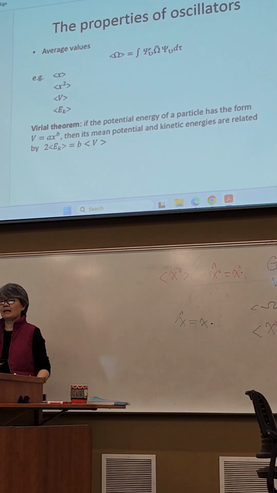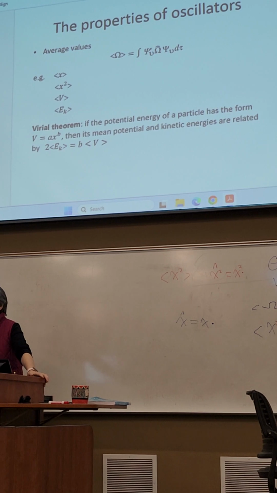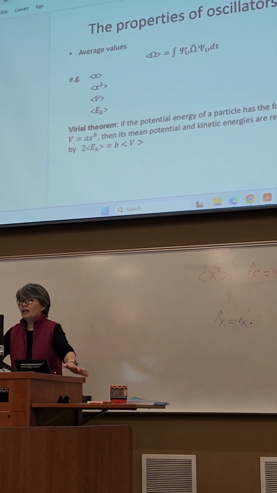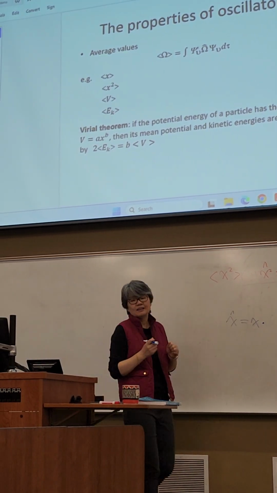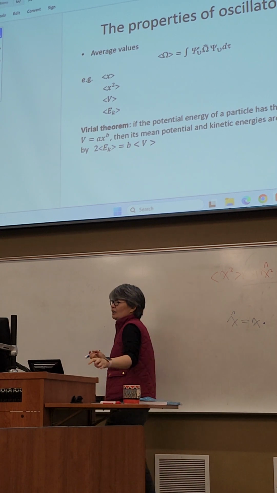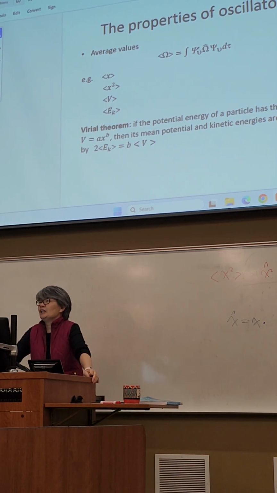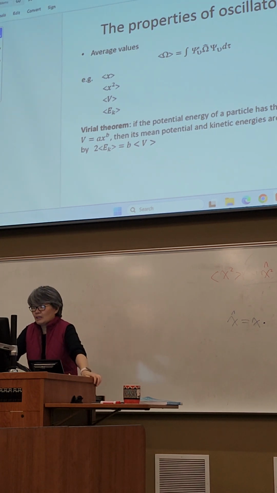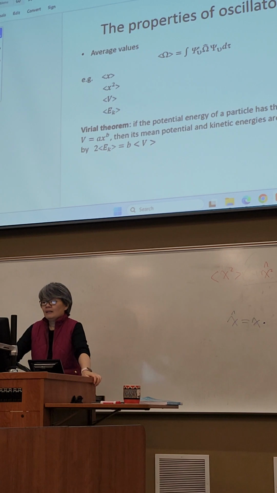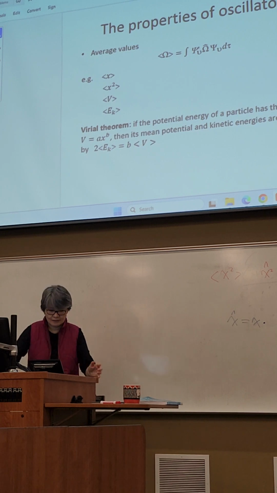This theorem says that if the potential energy of the particle has the form of a constant A times x raised to the power B, then the mean potential energy and the mean kinetic energy are related.